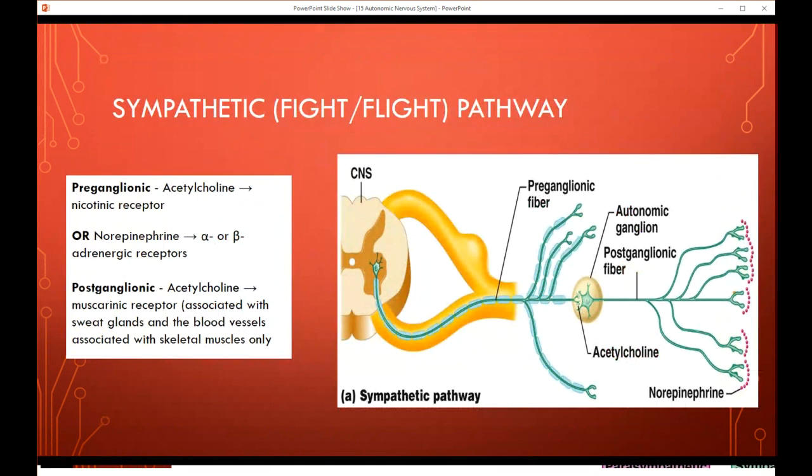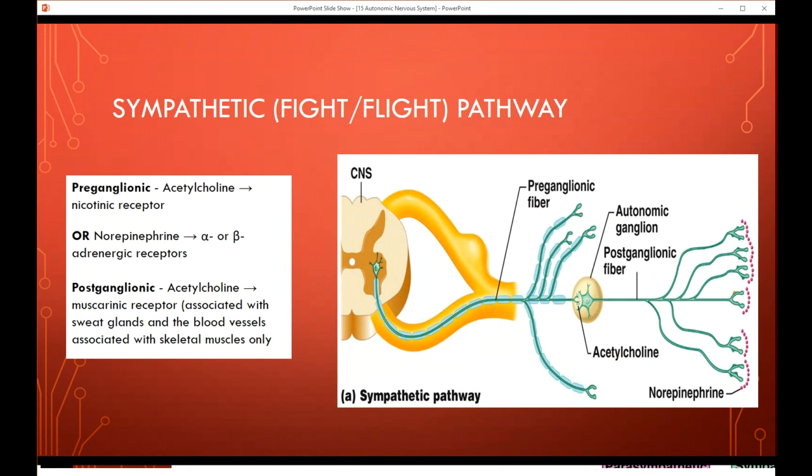So as far as our fight or flight pathway, we have our sympathetic pathway here. So here's that preganglionic fiber, and we're going to release out that acetylcholine, and then that's going to cause the eventual release of norepinephrine from that postganglionic fiber. So the preganglionic fiber can release either acetylcholine or norepinephrine.